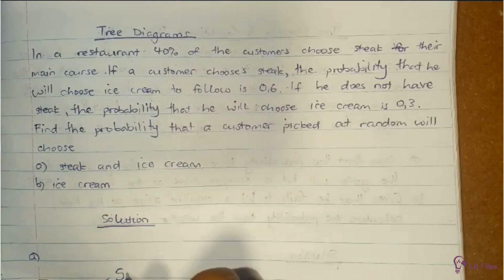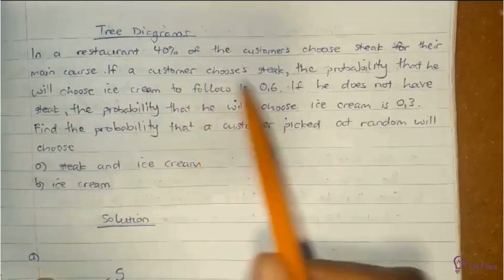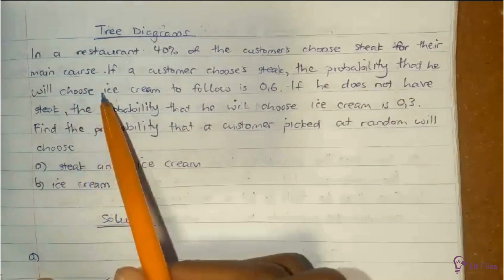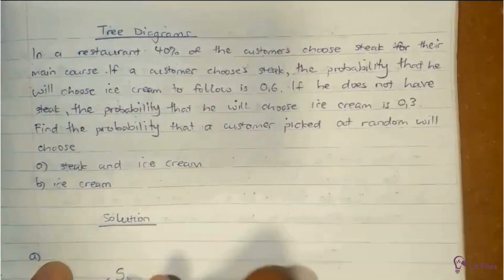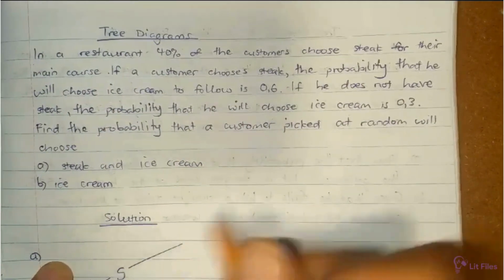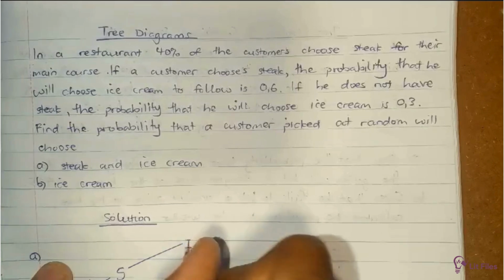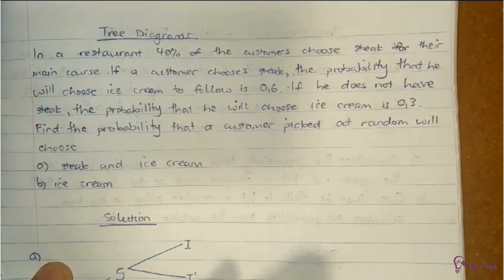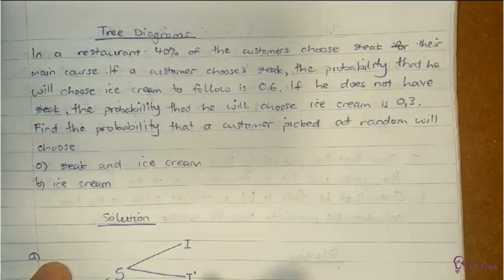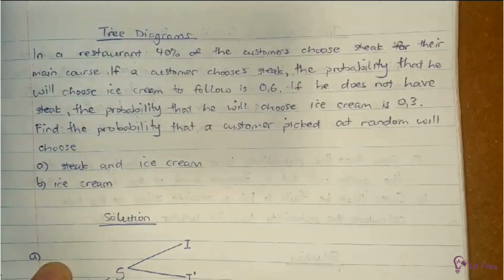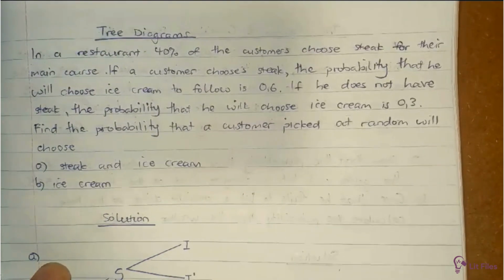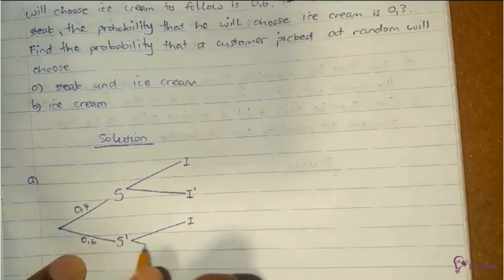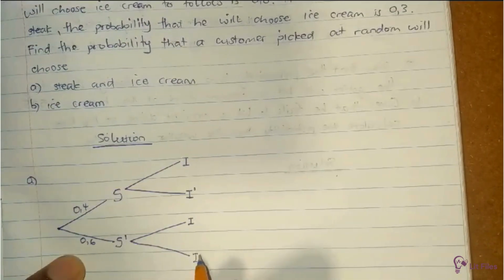After choosing the steak, we are talking about ice cream. If a customer chooses steak, the probability that he will choose ice cream to follow is 0.6. If it is ice cream, then the complement, I prime, will be not choosing the ice cream. The same will also happen if the customer does not choose steak initially. So these are our events.